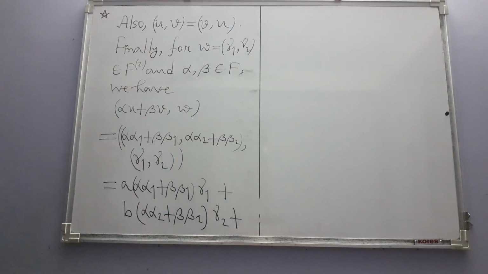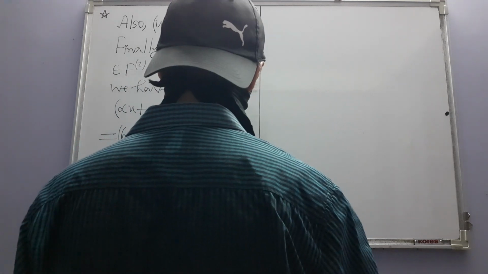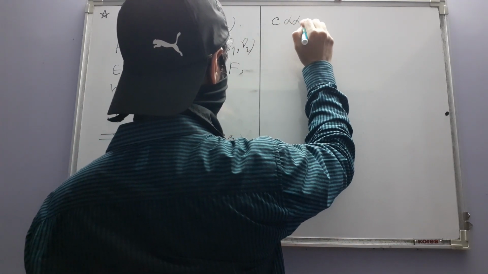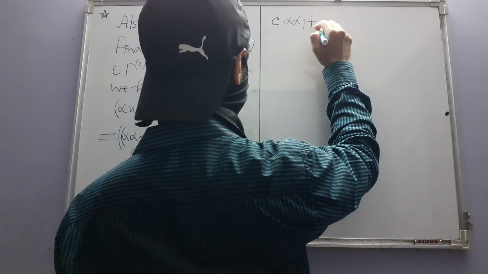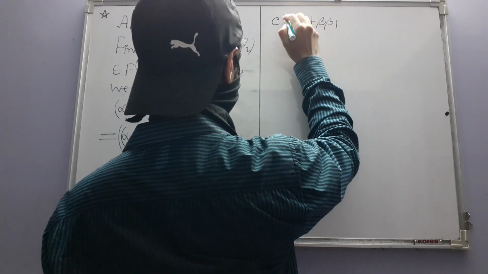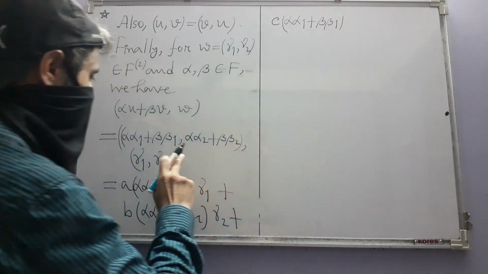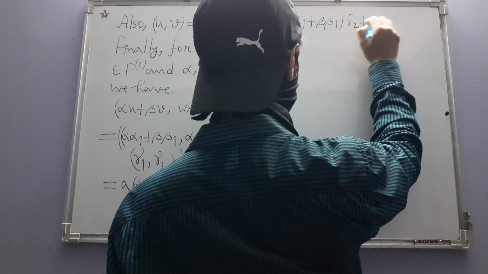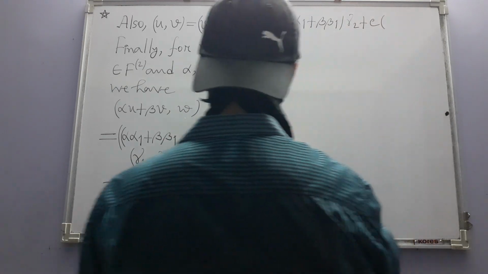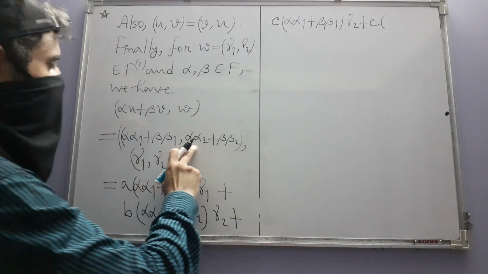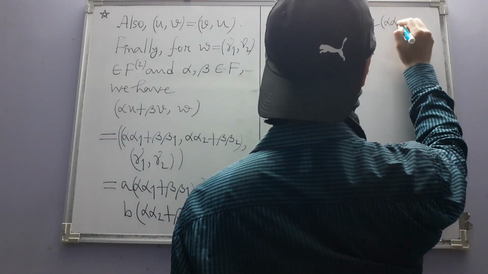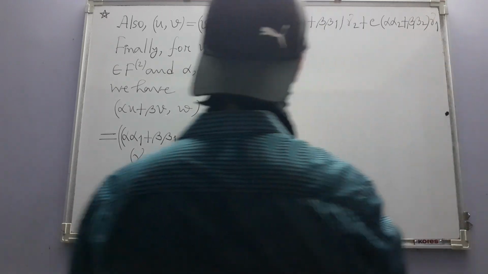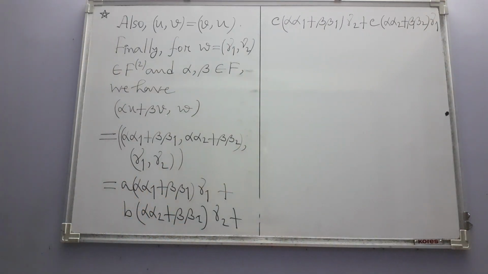Well, we do not have D. I mean, we have D, but that is just C. So C times alpha alpha 1 plus beta beta 1, it's very easy to get confused, this times gamma 2, and again C times the second coordinate of this one, that is alpha alpha 2 plus beta beta 2, times the first coordinate of the second, that is gamma 1.